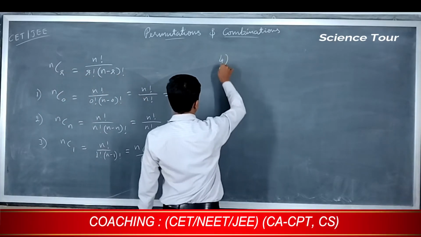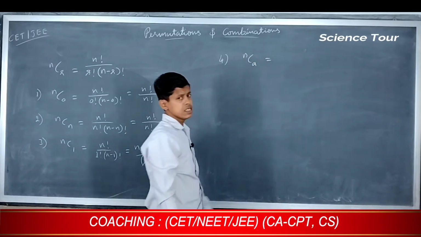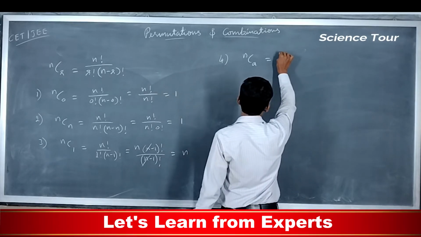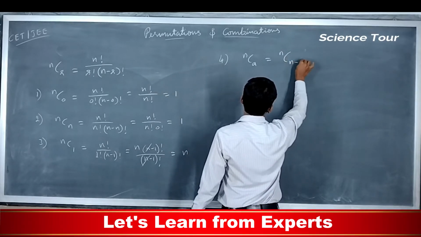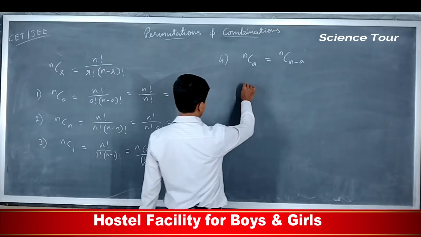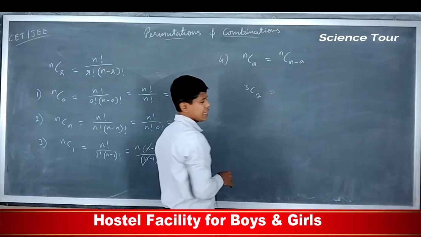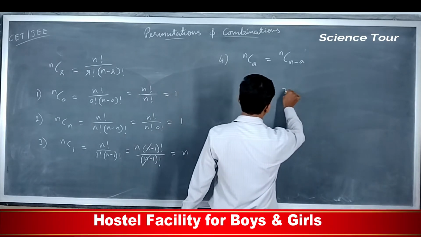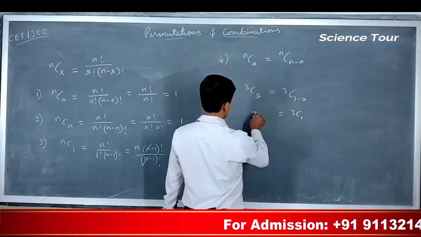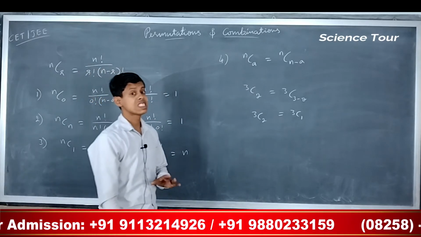Well, next, what about nCa? nCa can easily be written as nC(n minus a). How? Imagine you have 3C2. That can be written as 3C(3 minus 2), so that means 3C1. So 3C2 and 3C1 are the same.